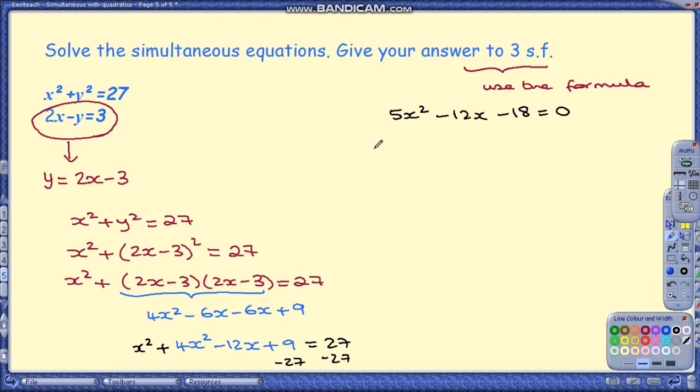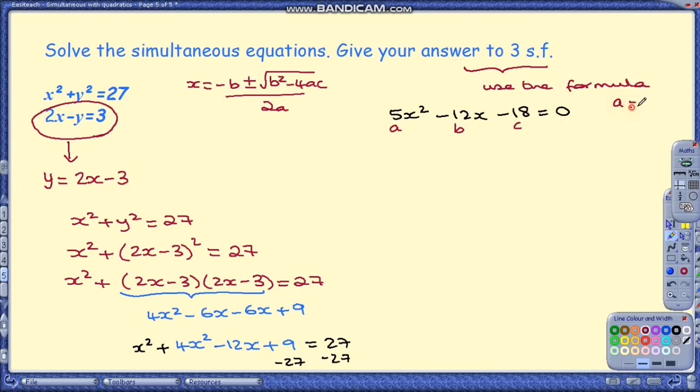So I'm now going to use the formula to find the value of x. I'm just going to rewrite the formula here. X is equal to minus b plus or minus the square root of b squared minus 4ac all over 2a. And that's my a, that's my b, that's my c.